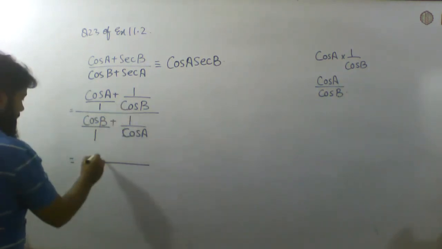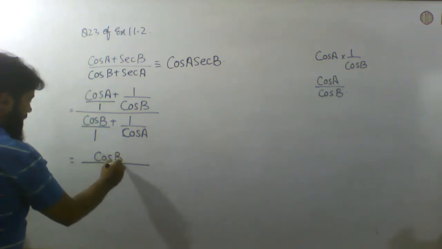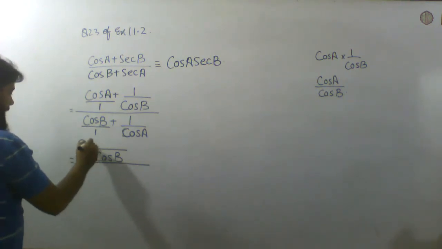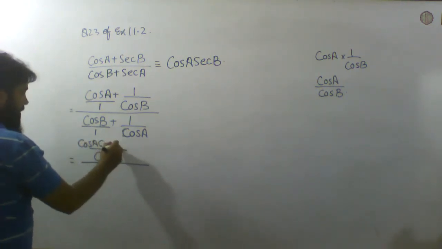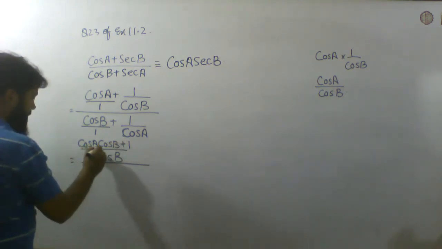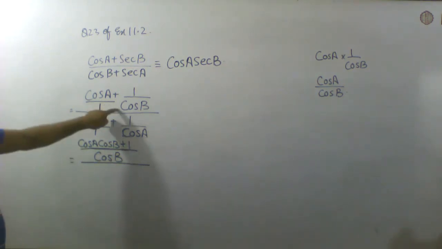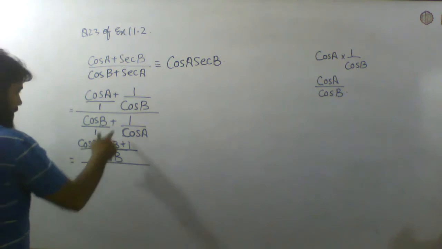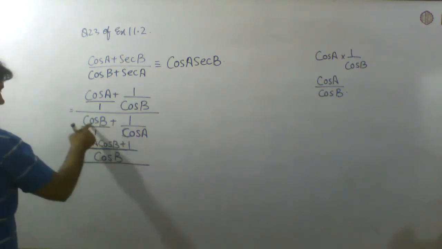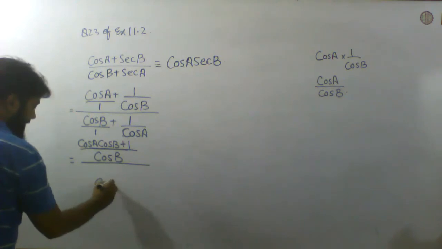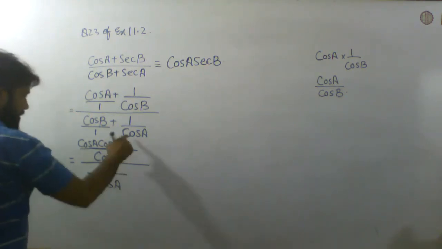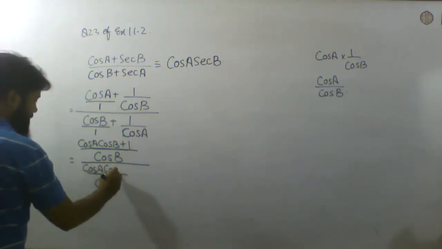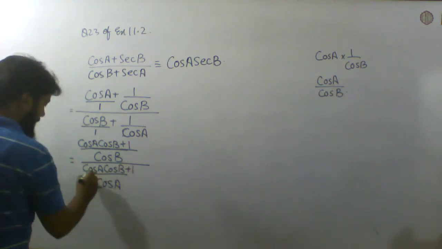LCM of the numerator terms will be cos B, so it becomes cos A cos B plus 1 over cos B. For the denominator, similarly, cos B cos A plus 1 over cos A.